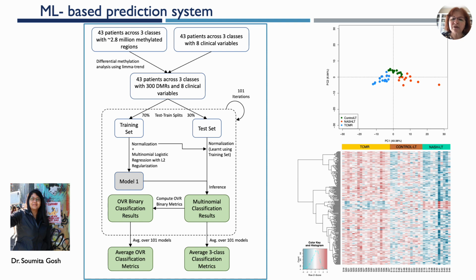Using multinomial logistic regression with L2 regularization as our classification approach, we independently trained and evaluated the models using the bootstrap datasets. We also evaluated various performance metrics on the test datasets using a one-versus-rest approach.